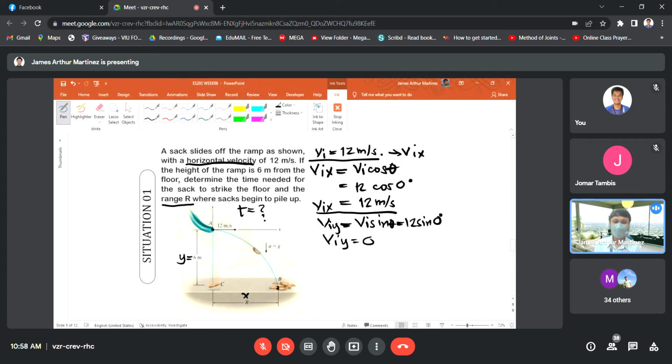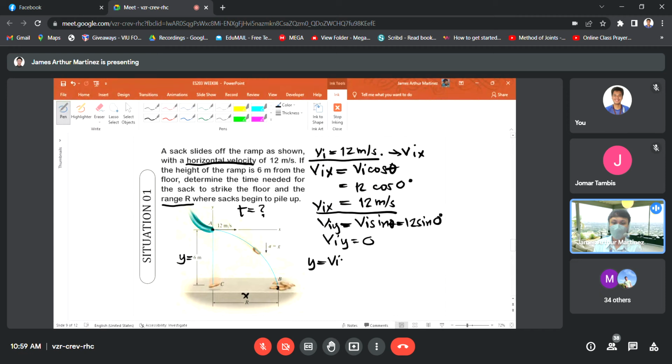Now, to solve for t, what do we need? Y is given, VI is also given, and VIy is just equal to 0. So, using the second equation for the y component of projectile motion, y is equal to VIy t minus 1 half g t squared.